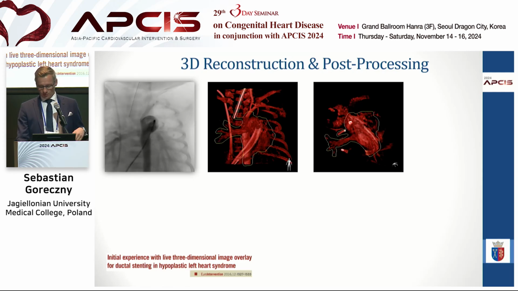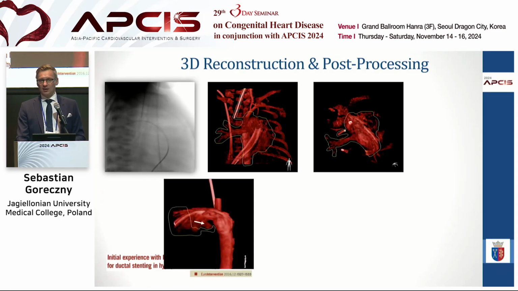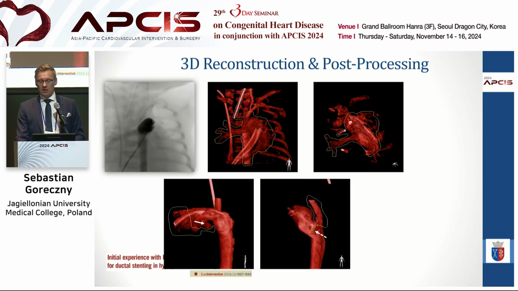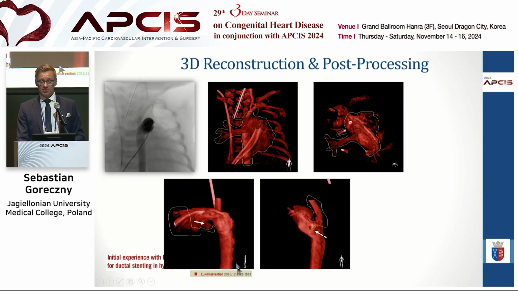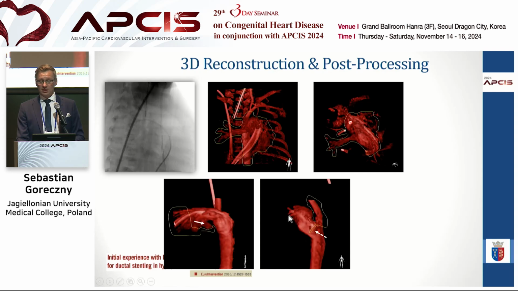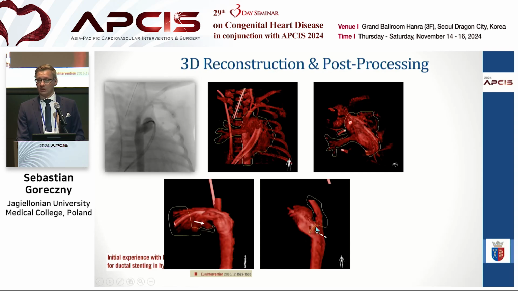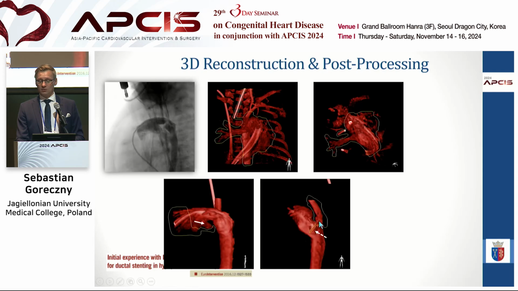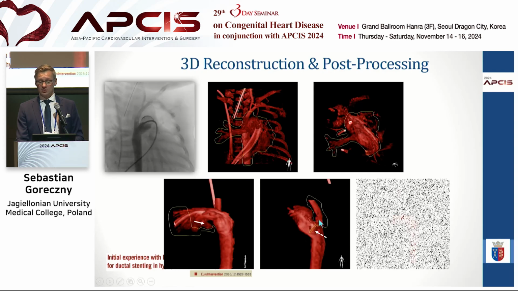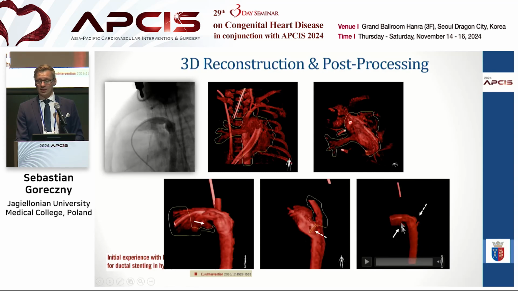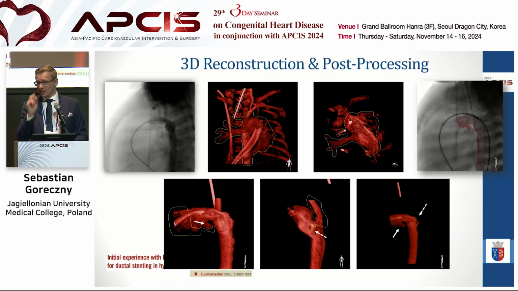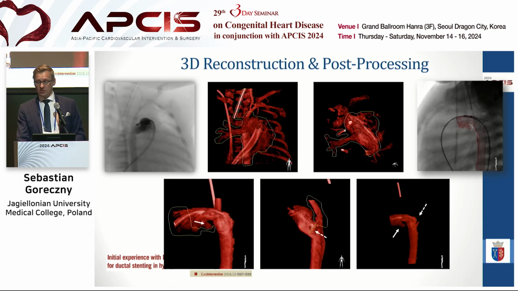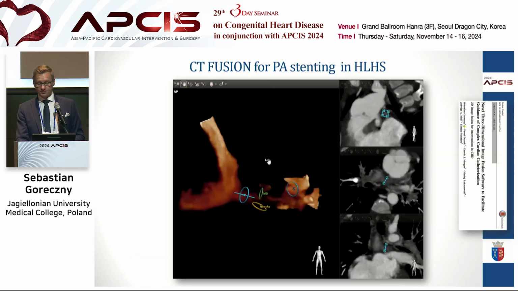So to create a model that would guide stent implantation, I decided to leave the left pulmonary artery here, and cut out the slice where the retrograde aortic arch originates. And so at the end, I have this model, and I can use it as an overlay to guide stent implantation in the arterial duct.